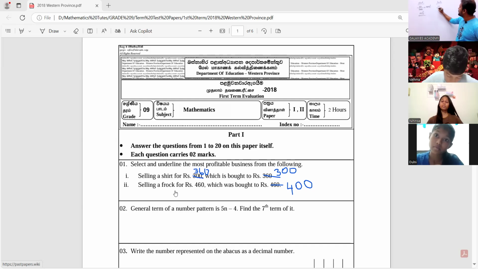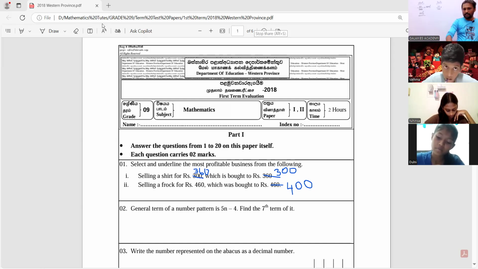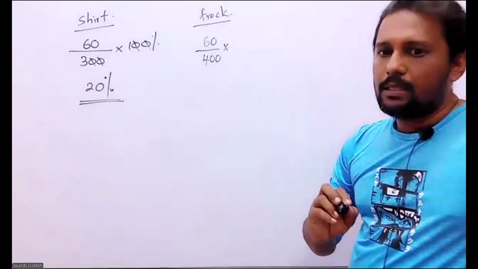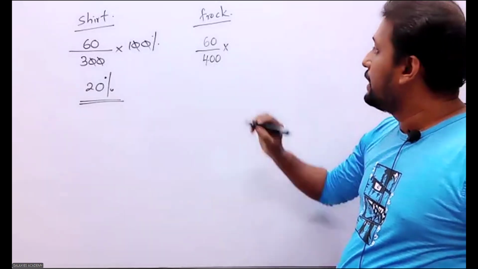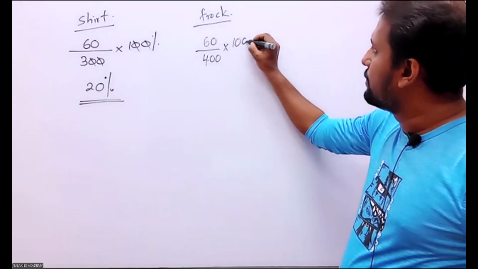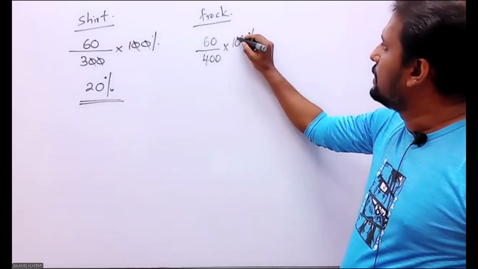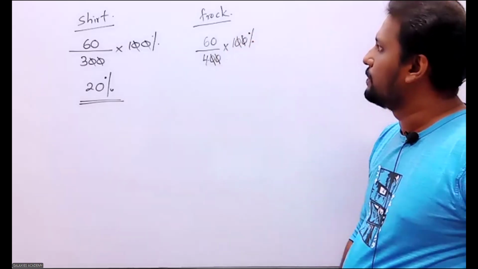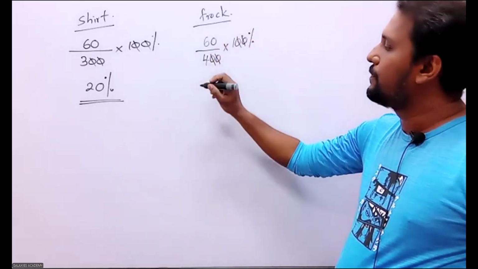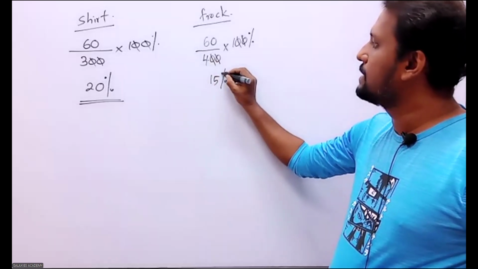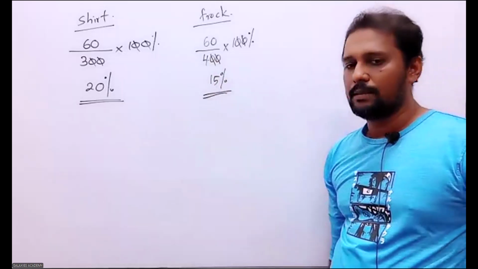Buying price is 400. So also you can find the profit percentage of it, right? How can you find the profit percentage? You can multiply this fraction by 100%. Then these two zeros we can remove from these two. 60 divided by 4. The percentage is 15%.